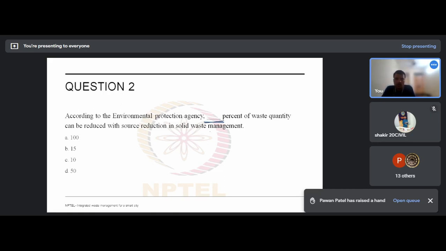The EPA guidelines say that if we do source reduction, up to 50% of the waste can be reduced. If the present generation of waste from a locality is X kgs, it can be reduced to 0.5X if proper source reduction is done. So the answer is option D, that is 15.